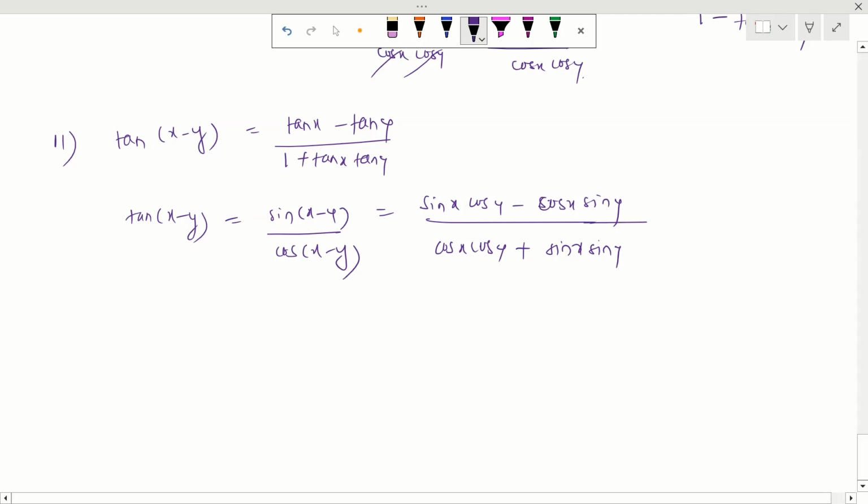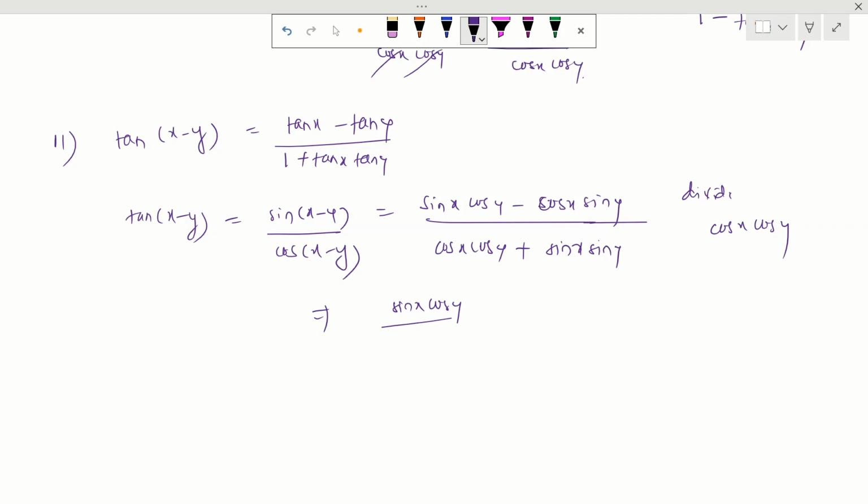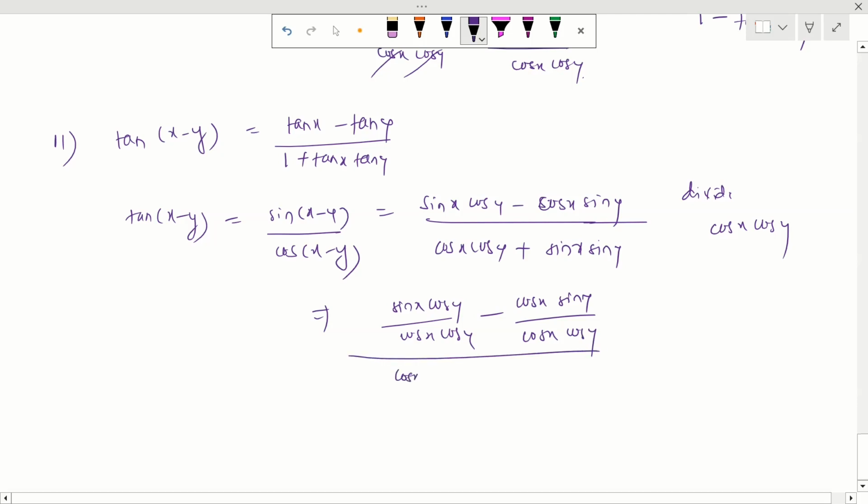Divide both terms by cos x cos y. Then sin x cos y divided by cos x cos y minus cos x sin y divided by cos x cos y, and in the denominator cos x cos y divided by cos x cos y plus sin x sin y divided by cos x cos y.